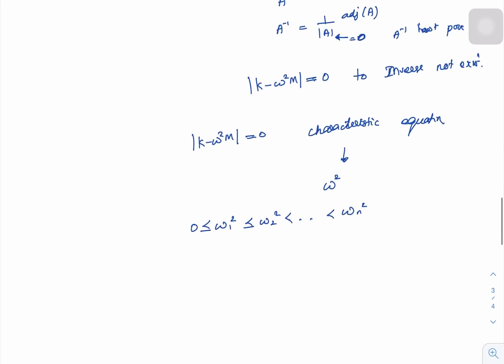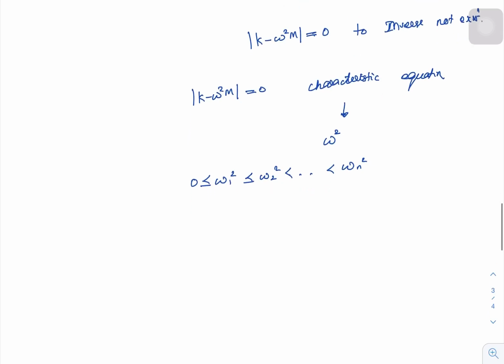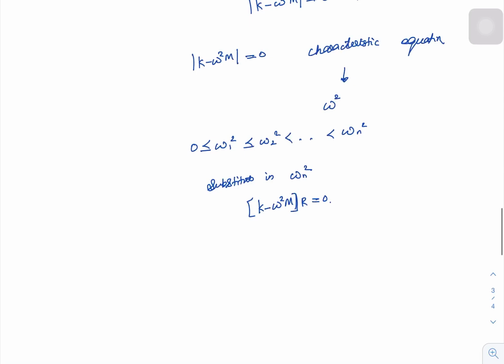For each omega n we can substitute this omega n square into the same equation, K minus omega square M, times r, equal to 0. From this we will get r1, r2, up to rn, corresponding to each omega.